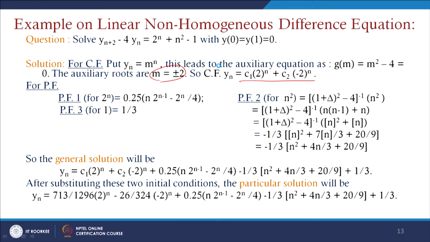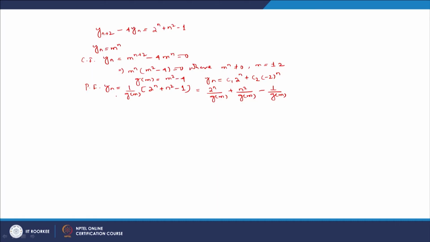So, for the particular function of 2 to the power n, we can write 2 to the power n by g of m.